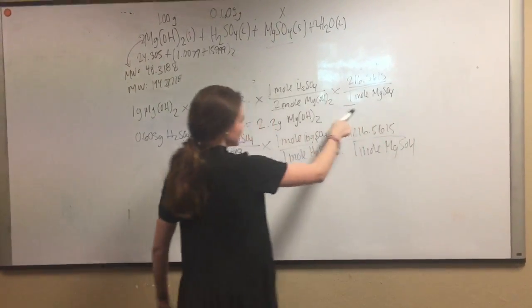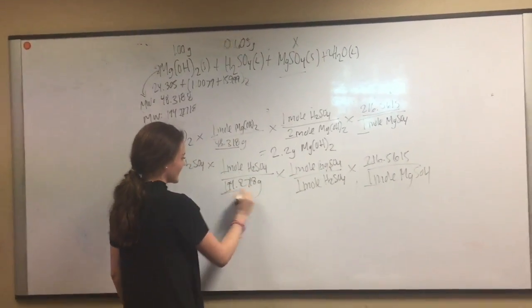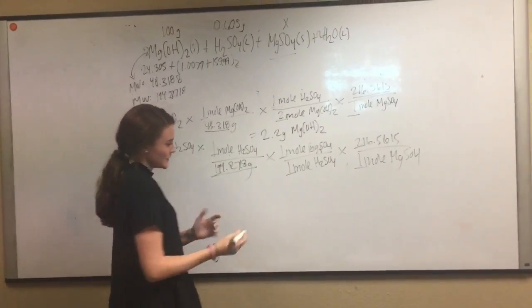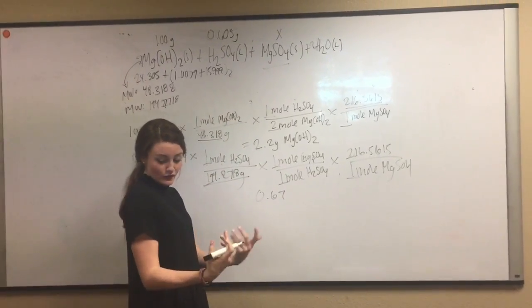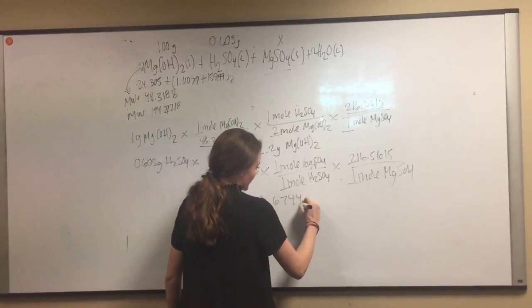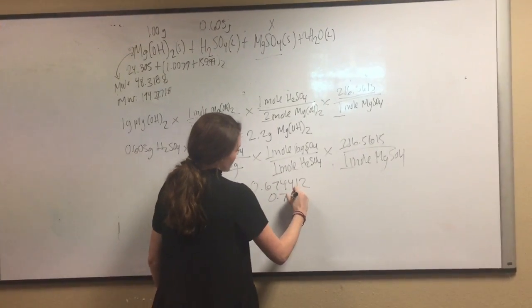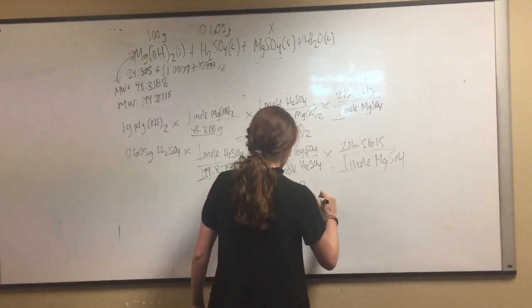Alright, just like we did with the top, I like to underline what I need to multiply, and then you divide the top by the bottom, and you get a really long number, 0.674412, and it keeps going, so we'll just say 0.7 grams of H2SO4.